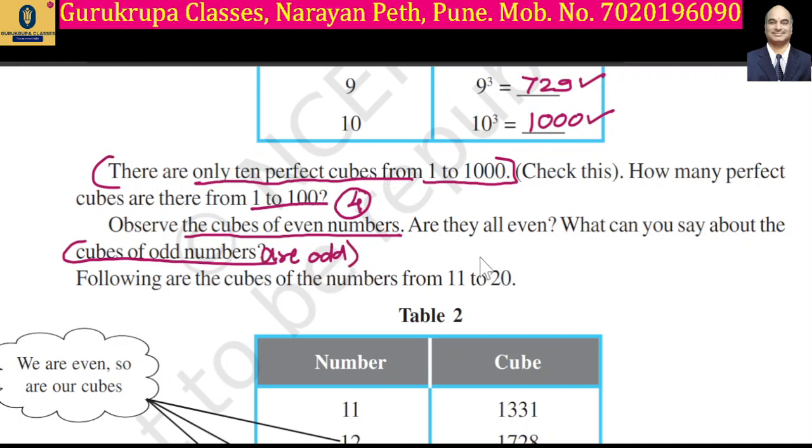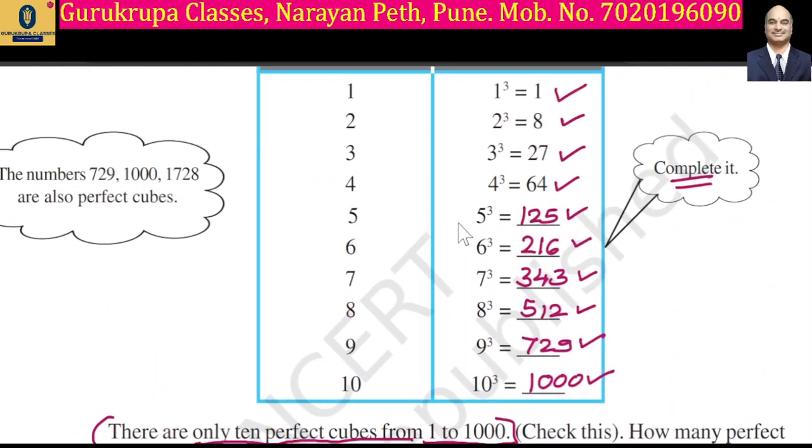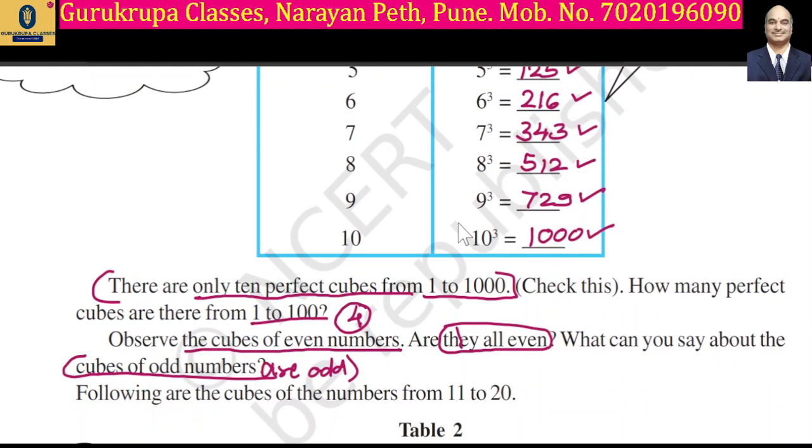And what about even numbers? If we take the cube of even numbers, we get cube of 2, 8, cube of 4, 64, cube of 6, 216, cube of 8, 512, cube of 10, 1000. So 2, 4, 6, 8, 10 are even numbers, and their cubes are also even numbers.